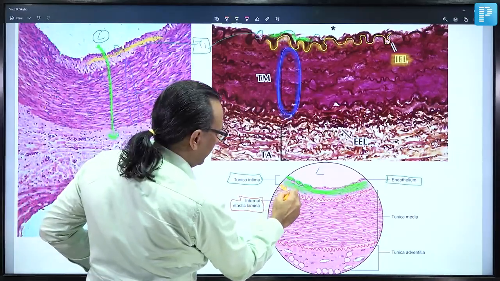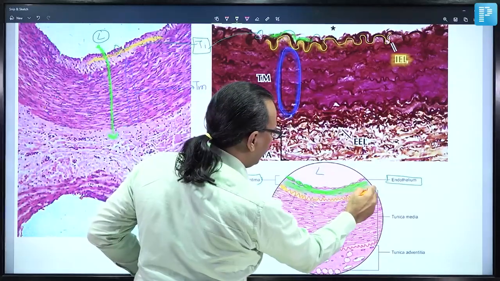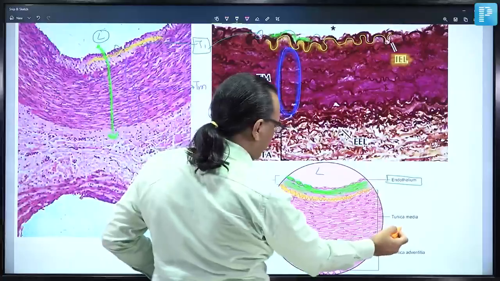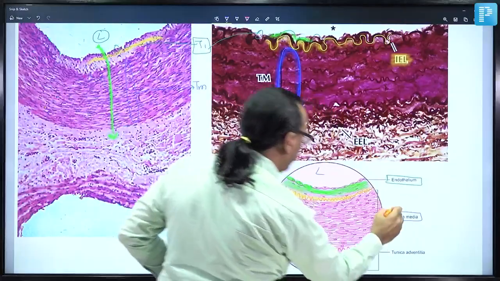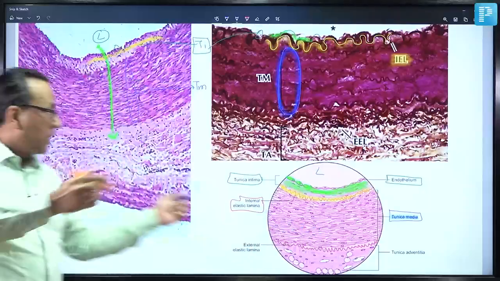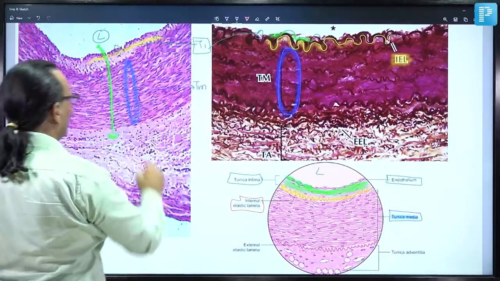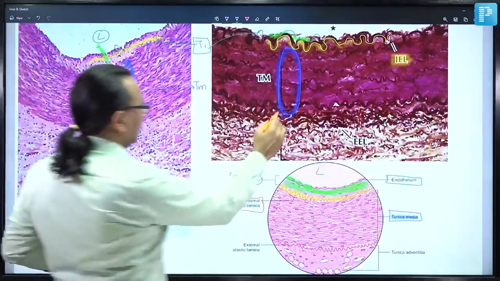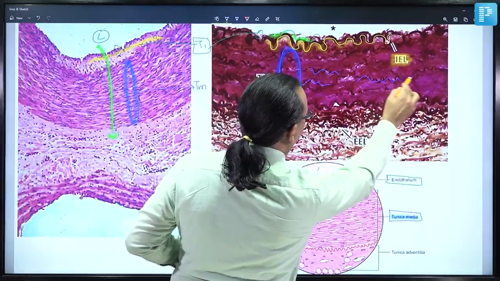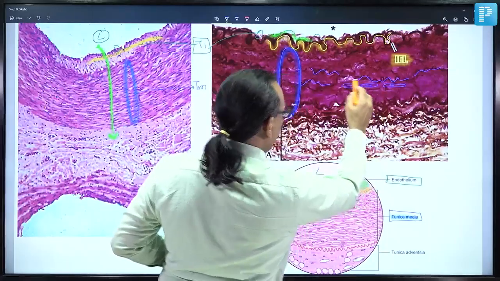Now, once you have described that, what do you find in the tunica media of a muscular artery like the splenic artery? The tunica media is having more of smooth muscle cells. Though you will notice that there are some elastic fibers also present, but more of smooth muscle cells.